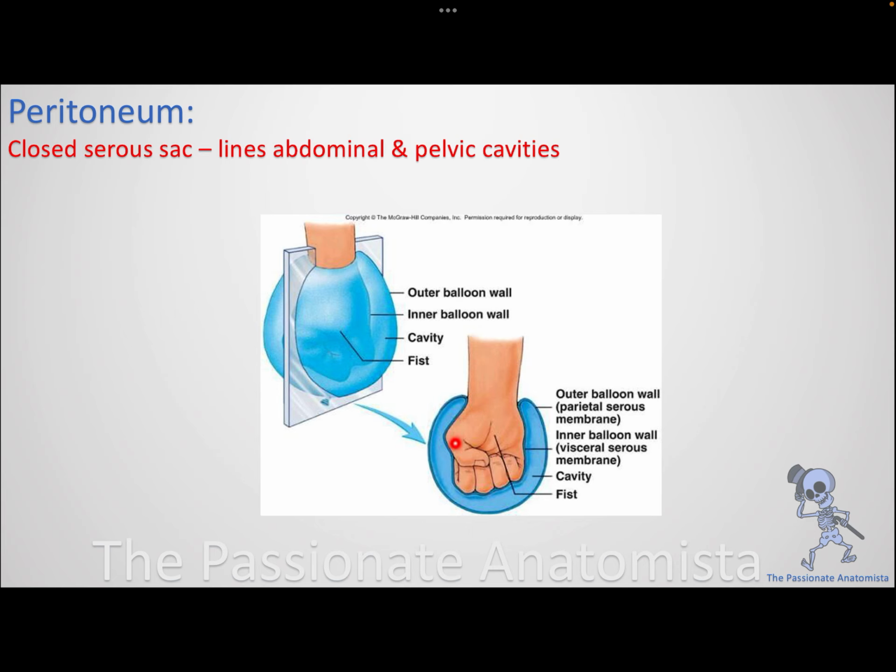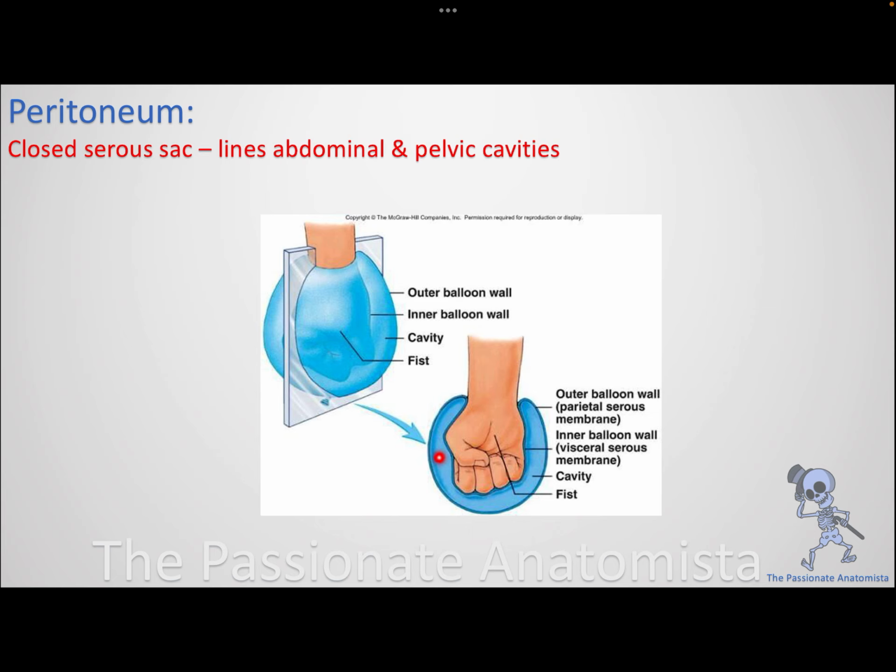Some of the organs will get into the sac. Actually, it's not inside the sac. It's basically into the wall without getting into the cavity itself, because as you guys look at this picture, the organs, if they can get into the peritoneum, we call them intraperitoneal organs.